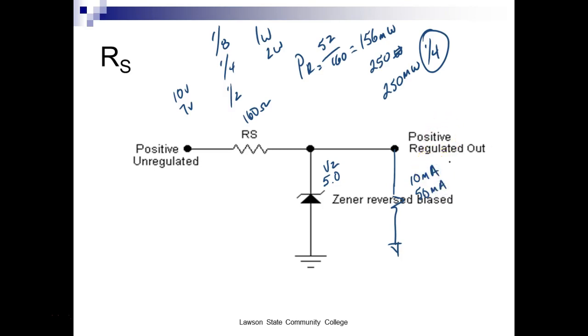So when would my Zener current be maximum? Yeah, we got to do 2 things. When my input voltage is maximum and my load current is minimum, right? So what I would do is come up here and calculate the maximum current through my resistor. What would my maximum current through my resistor be?